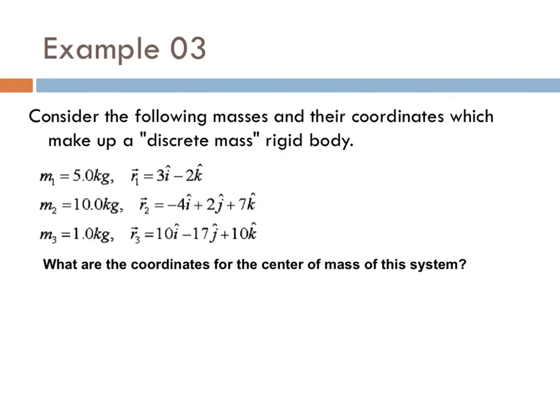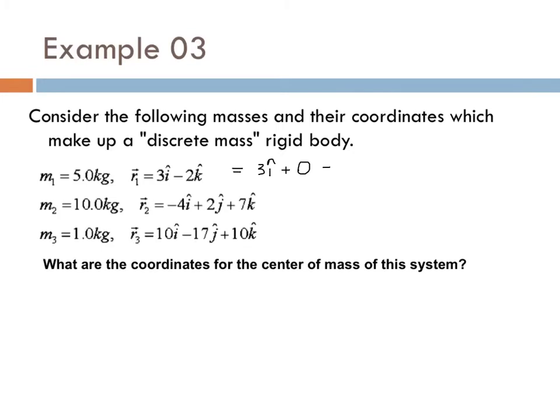In this example, you have 3 different masses with their vector positions written in unit vector notation. So again, i, j, and k don't mean anything. They just tell you that the numbers in front of them go in those particular directions. Now you can see from this first number that it doesn't even have a j. That means there is no coordinate in the j direction, or in the y direction here.